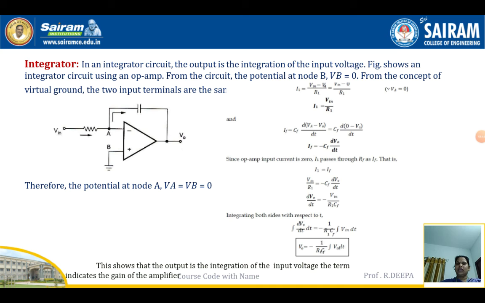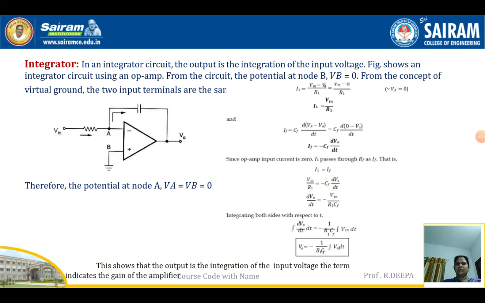And we can write the expression for IF. IF is the current flowing across the feedback path, that is, across the capacitor. So IF is equal to CF into the difference in the voltage levels divided by dt, so CF d(Va minus V0) by dt, which is equal to minus CF dV0 by dt.